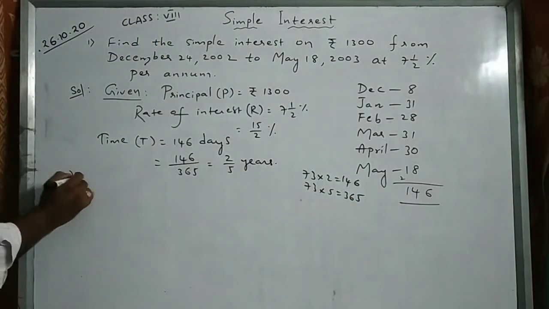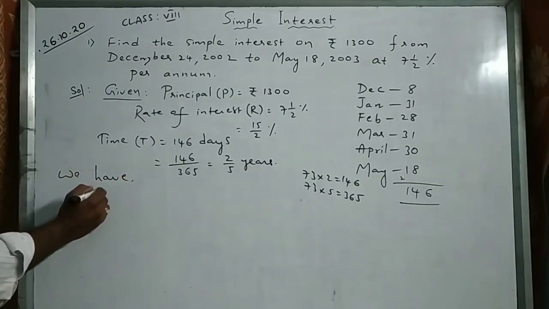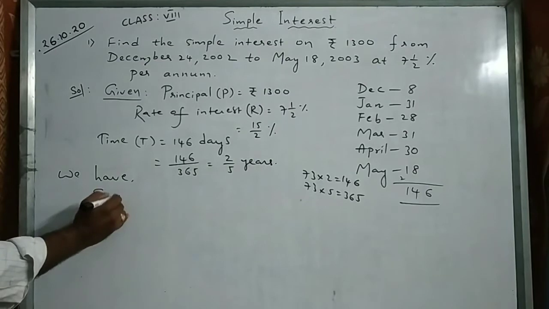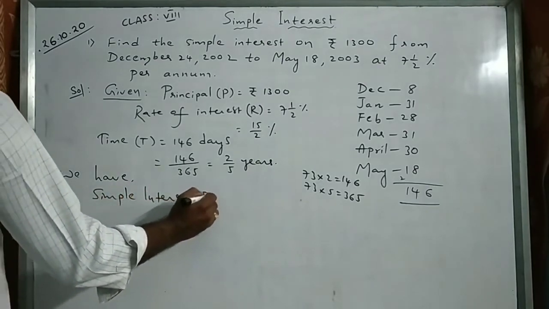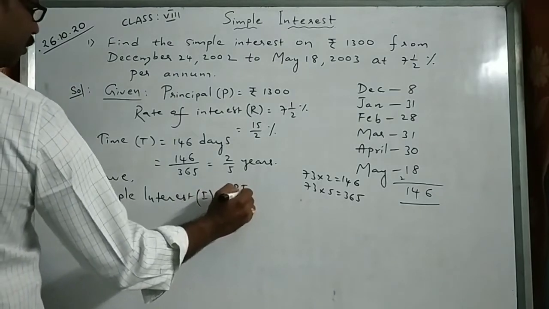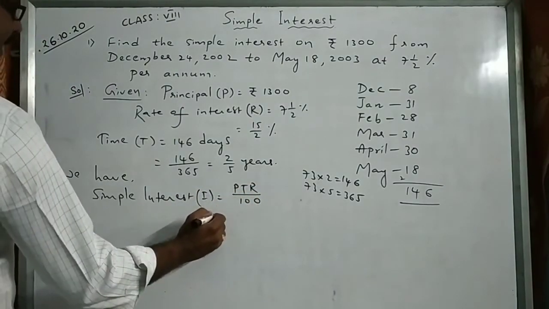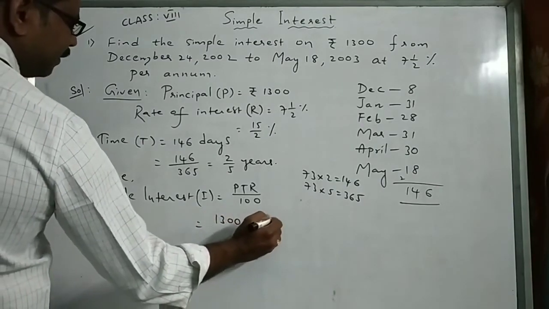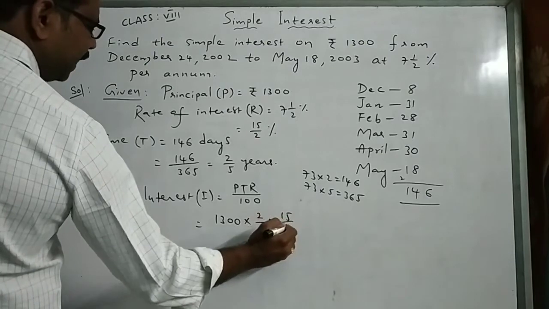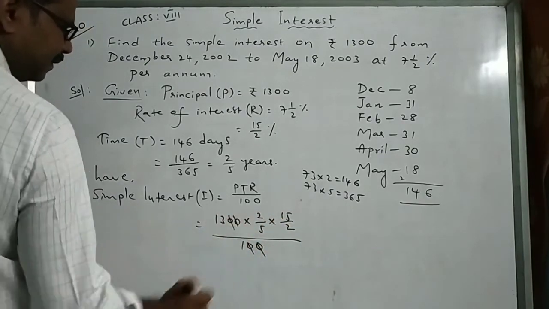So we have. They asked to find the simple interest, right? Simple interest I is equal to PTR by 100, right? So what is P value here? 1300. Time I have 2 by 5. Rate of interest 15 by 2 upon 100. 0, 0 cancel.